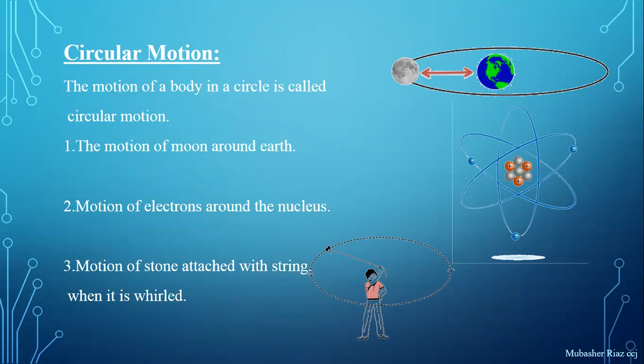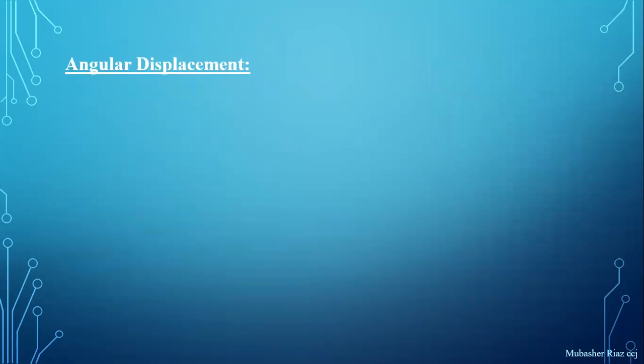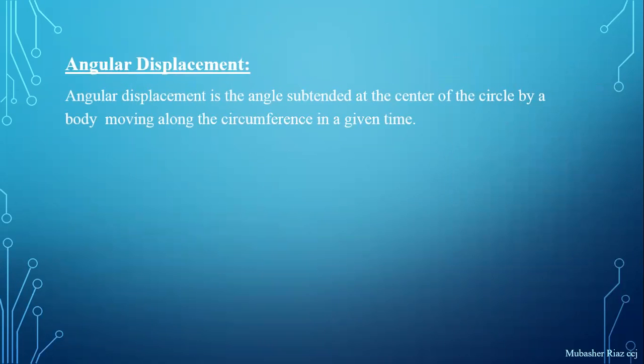Now there are different terms which are related to the circular motion of an object. One of them is angular displacement. Angular displacement is the angle which is subtended at the center of the circle by an object which is moving along the circumference in a given time.